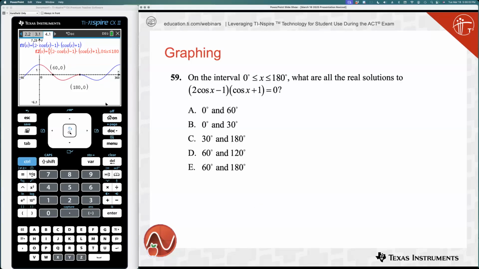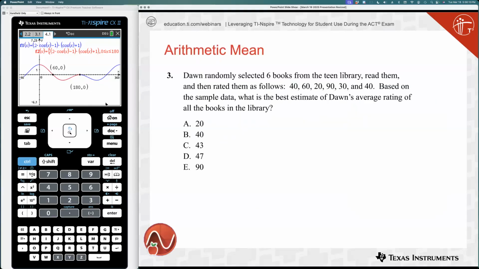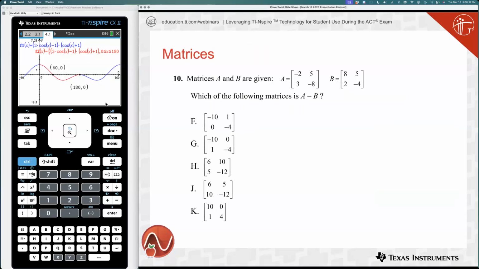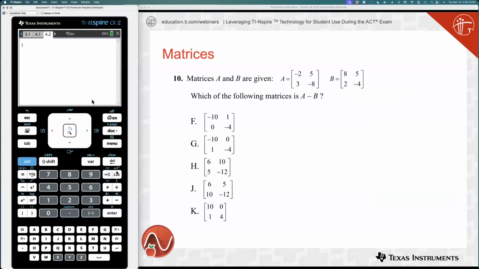We're at 5:56, so why don't we make sure they know where to find the matrix template? Yep, a matrix template. And here you see 2 matrices, and pretty much every graphing device has matrix templates.